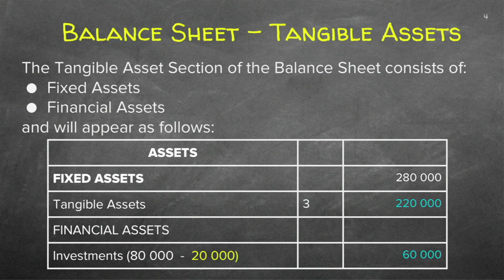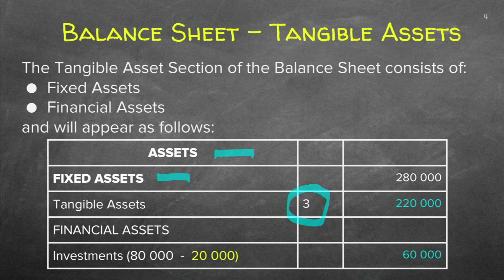And so I will always start by telling the reader what I am listing. And so we are listing assets. And we break it down. And remember, we start from the most difficult to get rid of to the least difficult to get rid of. And so it is in that order. And so my fixed assets, if I look at note 3, which is tangible assets, are 220,000 Rand.